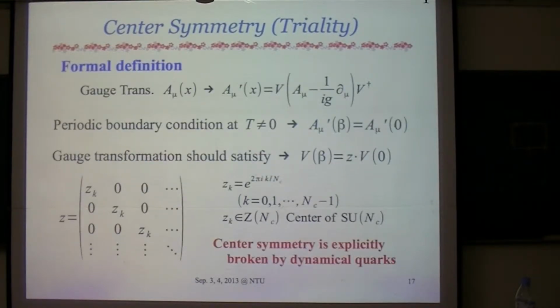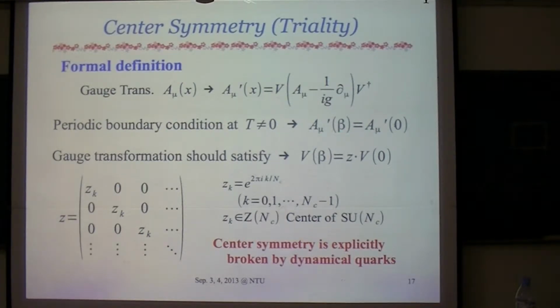Or more precisely speaking, the gauge transformation is written in this way, and at finite temperature, this gauge field must satisfy the periodic boundary condition, and after the gauge transformation, this A prime, the transformed gauge field, also satisfies the periodic boundary condition. Otherwise, you cannot use the Matsubara formalism. And then, to satisfy this requirement, what is the property expected of this transformation matrix V?